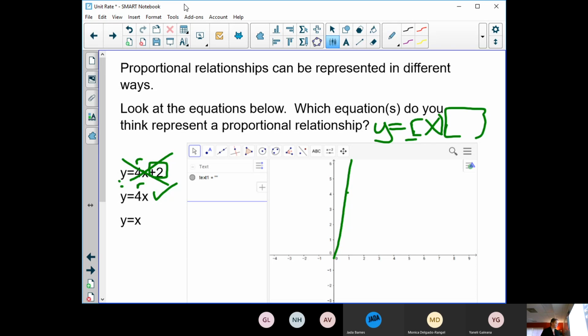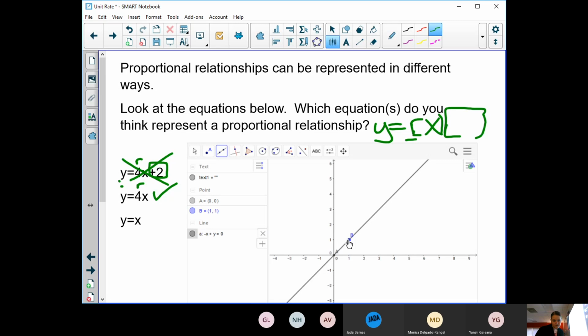Okay. So I'm not going to draw this line. I'm going to put a line in here. So y equals x would look something like that.